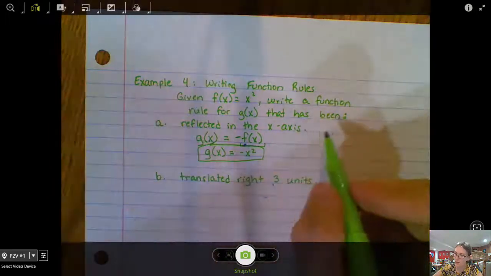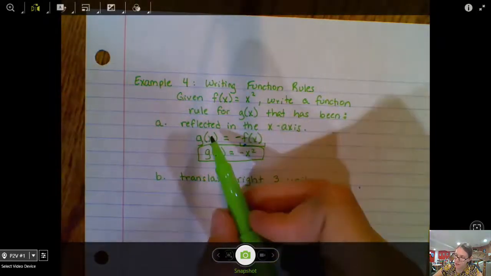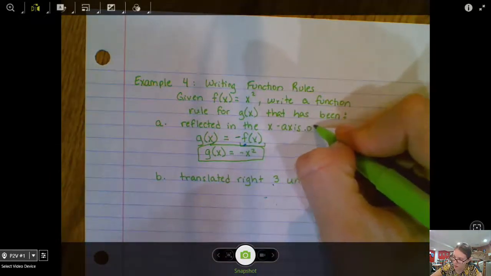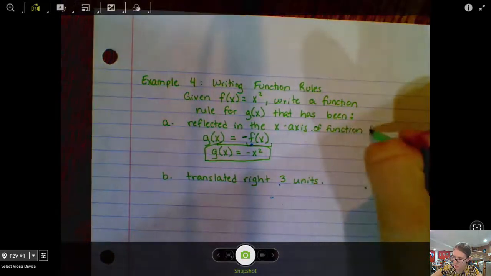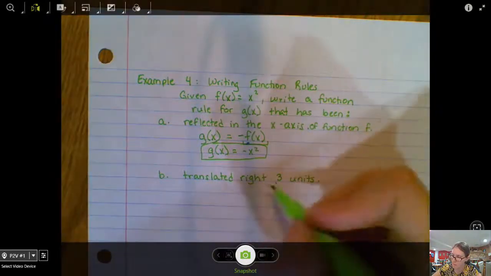And I guess I should probably clarify here that g of x is a transformation of function f, just to make that clear.